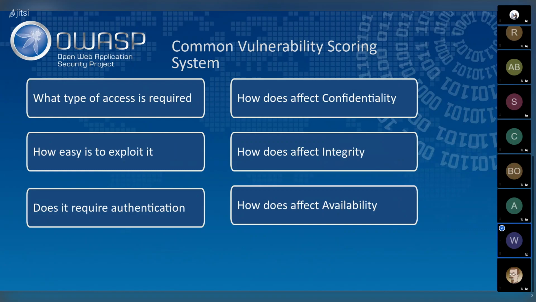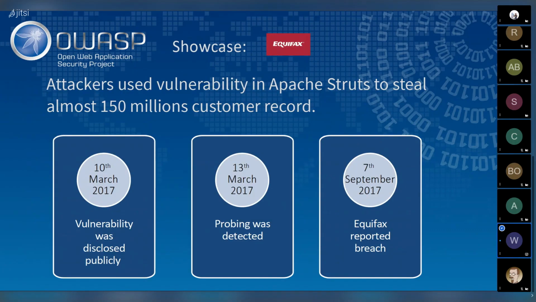Do you think you have that amount of time? Not really. On the 13th of March, some security researchers detected probing. Someone was probing the system, checking whether they were running a vulnerable version of Struts, just checking if they could exploit it, which was just a couple of days' difference, which shows you how much time you really have.